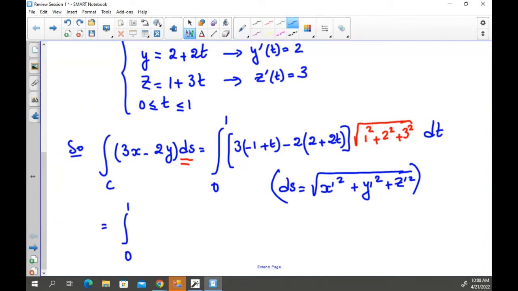If we open the brackets, we're going to get minus 7, and then 3t, this times this will give you 3t, this times this is minus 4t, so minus t, and then square root of 14, 1 plus 4 plus 9, square root of 14 dt.